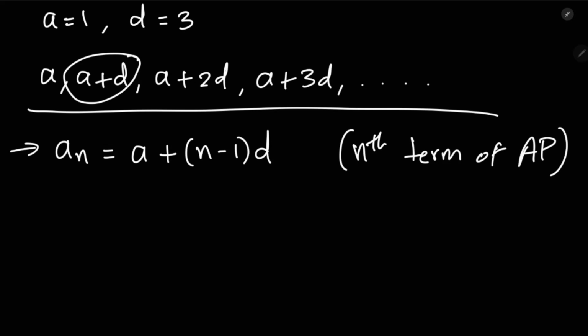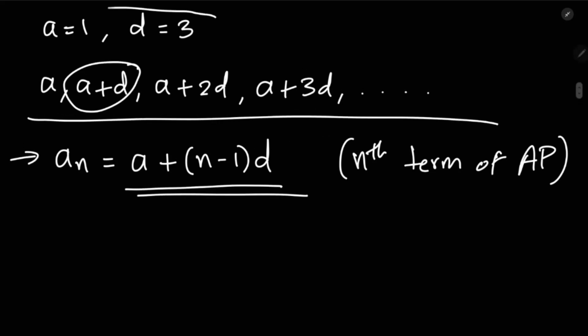So if we have been given an arithmetic progression, and we have to find the nth term, then we can directly use this formula instead of going from the first element and adding D consecutively. So I'll take the previous example where our A was 1 and D was 3. So let's say I wanted to calculate the 21st element in this. So I want A21.